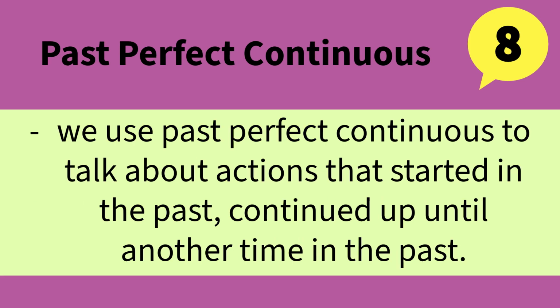The eighth tense is the past perfect continuous tense. We use past perfect continuous to talk about actions that started in the past and continued up until another time in the past.